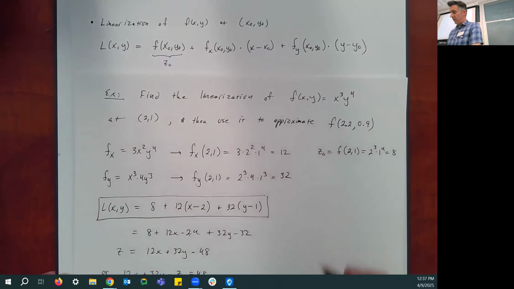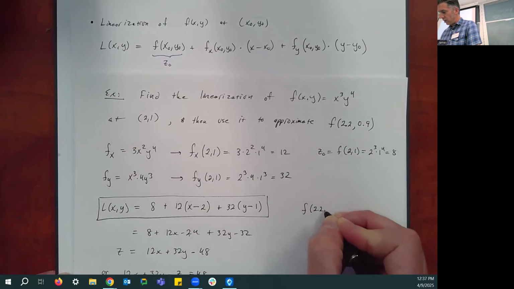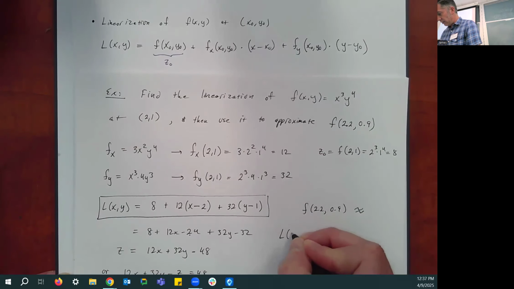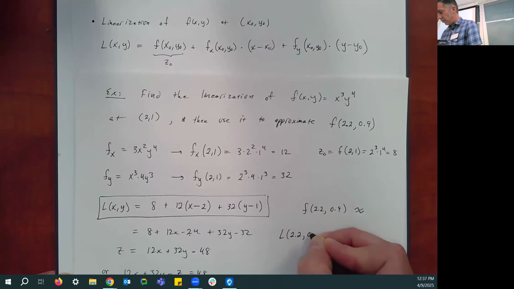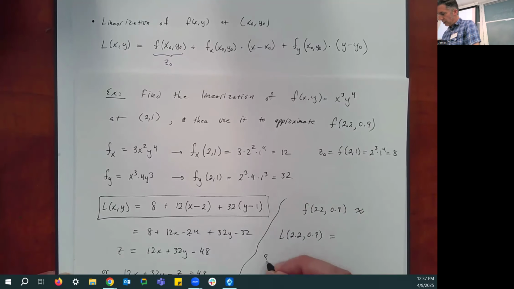If we're trying to approximate f of 2.2 comma 0.9, we're going to say that f of 2.2 comma 0.9 is approximately the linearization evaluated at that point, 2.2 comma 0.9. And then we're going to get 8 plus 12 times 2.2 minus 2 plus 32 times 0.9 minus 1.